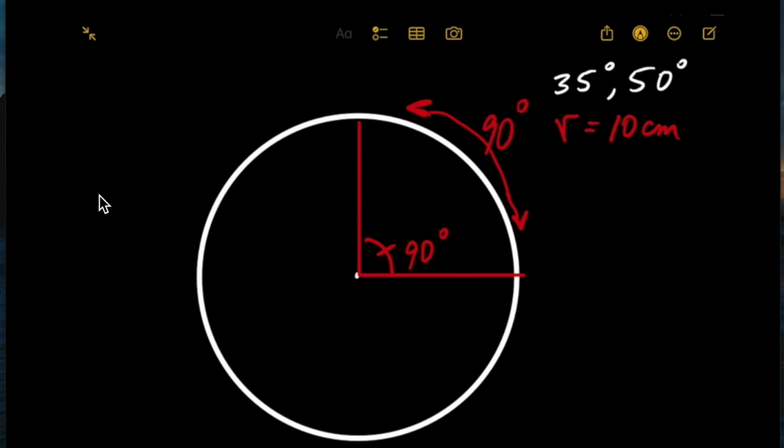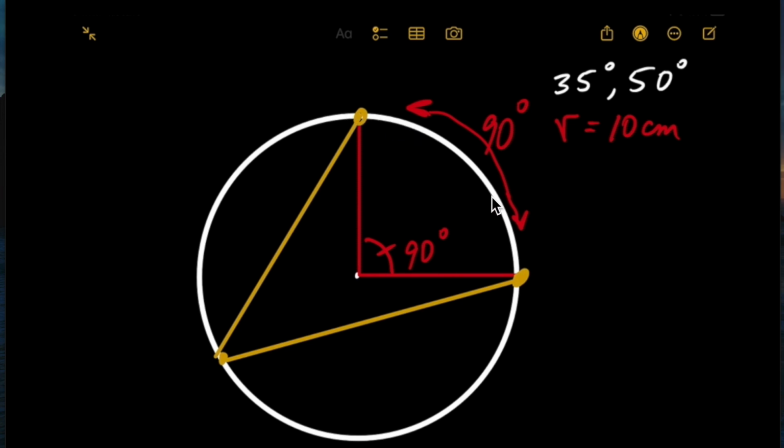Now, things change when you have an inscribed angle, which means the vertex of the angle is on the circle. So if we are using this same diagram to match these points, which capture 90 degrees of the circle, this is going to be 45 degrees.